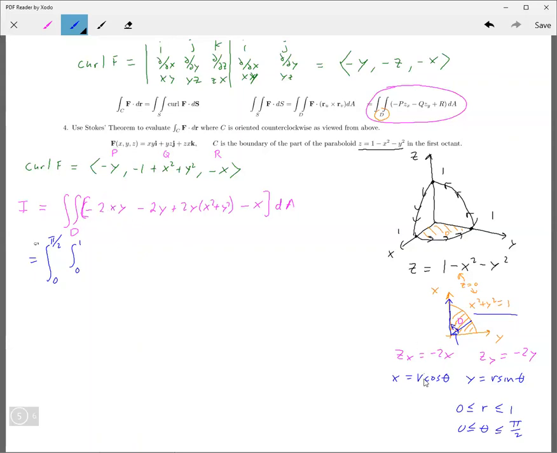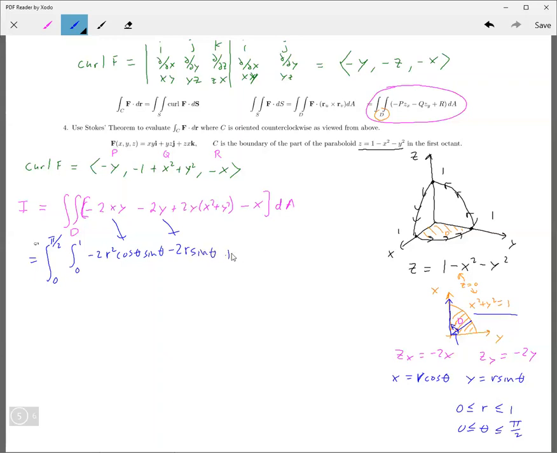So plugging in r cosine theta for x and r sine theta for y, that right here gives us negative 2 r squared cosine theta sine theta. That's what that one is. This one is minus 2r sine theta.